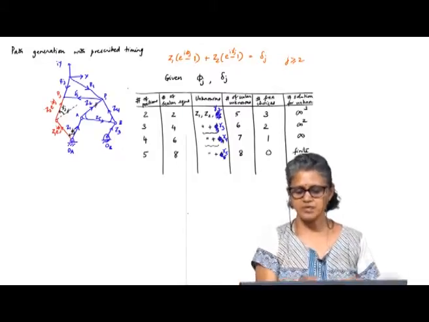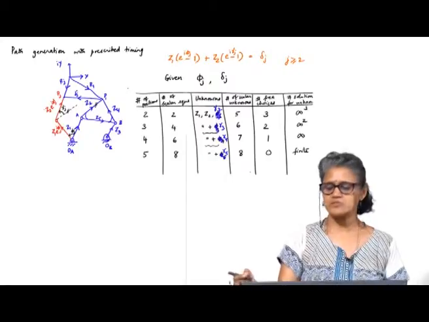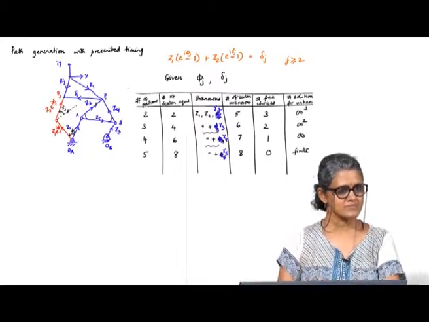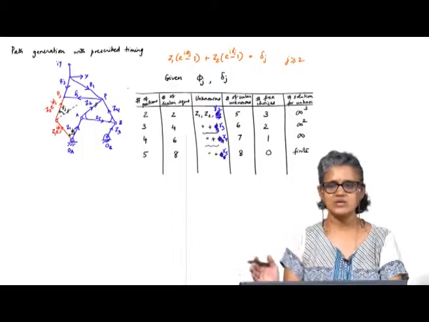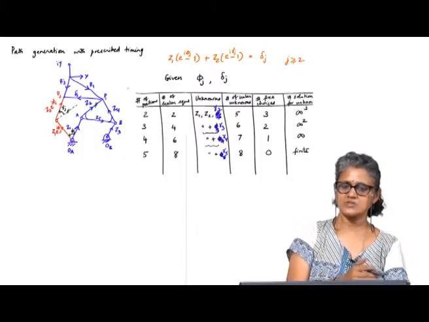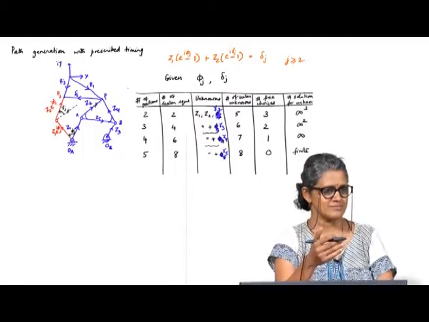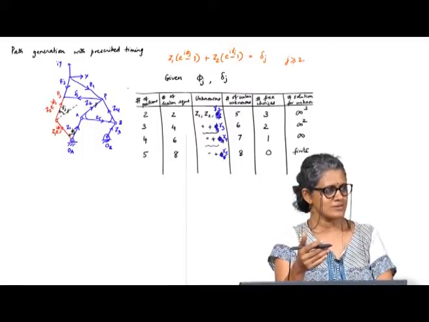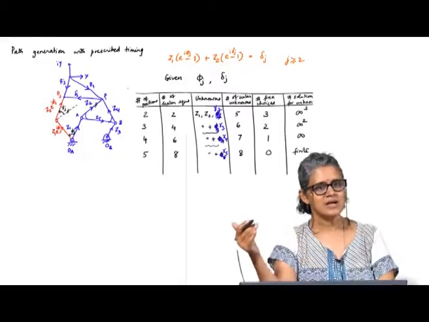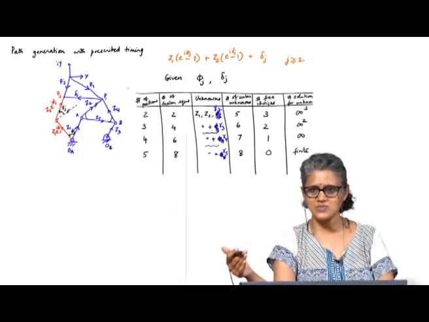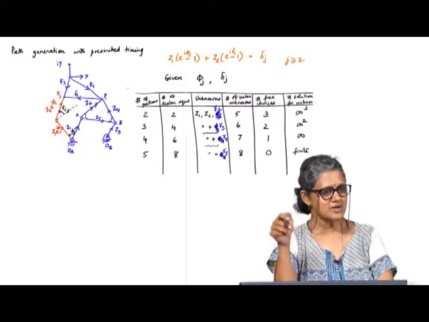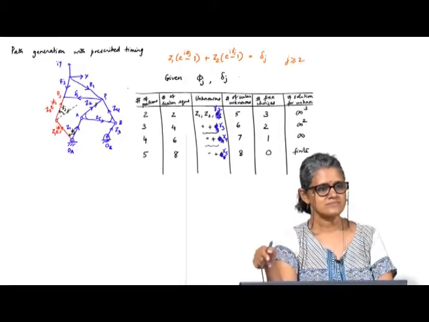So here the form remains the same. So the number of solutions, everything for the dyad will be the same. So I could essentially use the same code for motion generation as well as path generation with prescribed timing. I am just giving in a different angle in this.